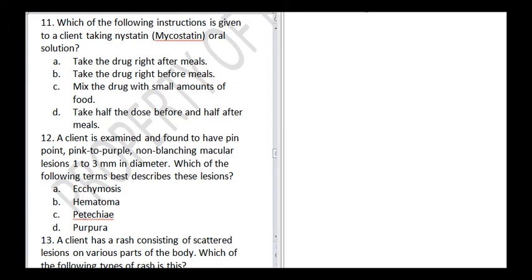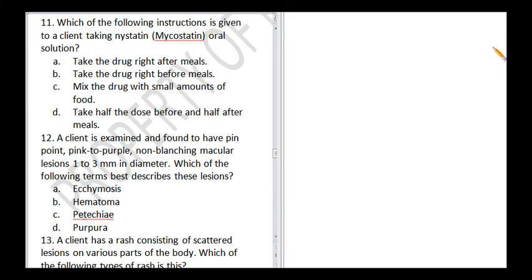In talking about mycostatin or oral solutions, it's very important that when you're going to take this, there should be no other things that touch the mouth, because it's very important that this drug can have access to the entire oral cavity for it to have an effect.